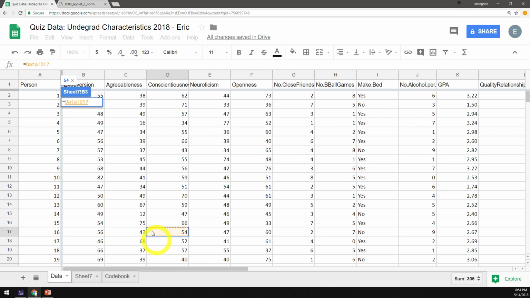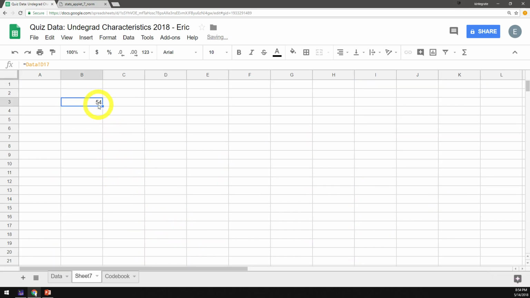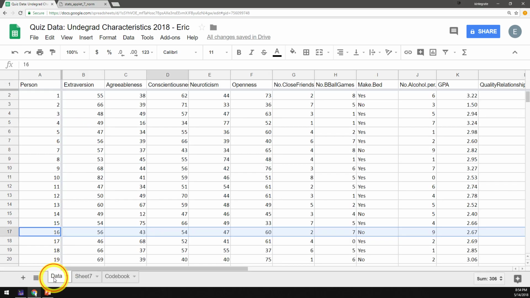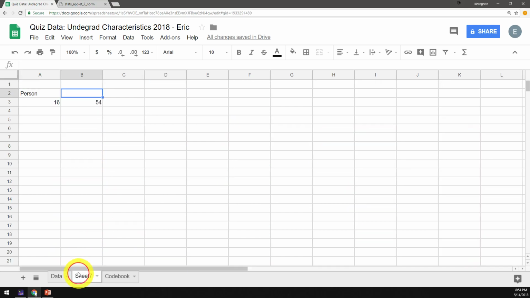So that cell equals this observation. We hit enter, and we see 54 here. We'll put person here, 16, that's the person. The variable is conscientiousness. I'll copy that one, Control C, and then Control V and put it there.